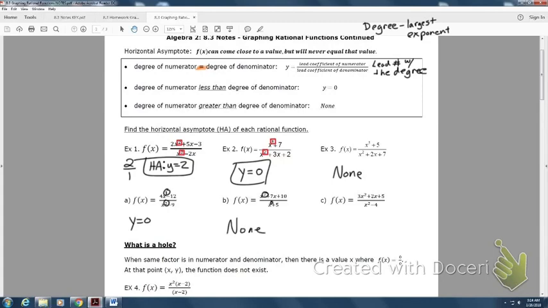Okay, so hopefully you're getting the hang of what you're looking for here. Eden, degree of the numerator, degree of the denominator. Roslyn, what do I do with the leading coefficients? So what would my horizontal asymptote be? 3. Awesome. 3 divided by 1.